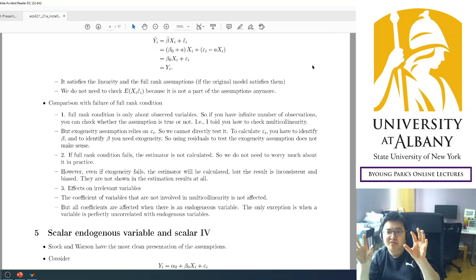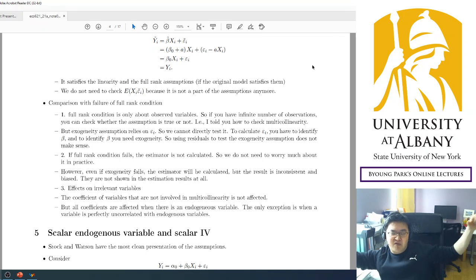Both are observed. So you just need to check if they are correlated, how much they are correlated, or how much multiple variables are correlated to each other. At least you observe the variables, so you can tell whether they are correlated or not. The multicollinearity problem can be detected if you are careful enough.